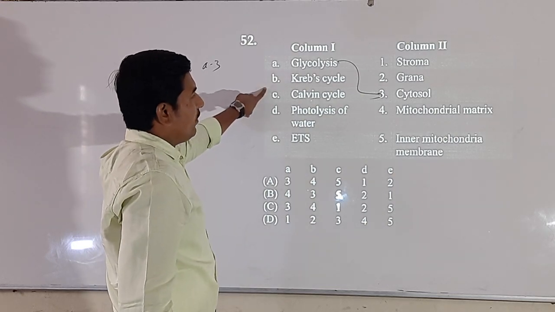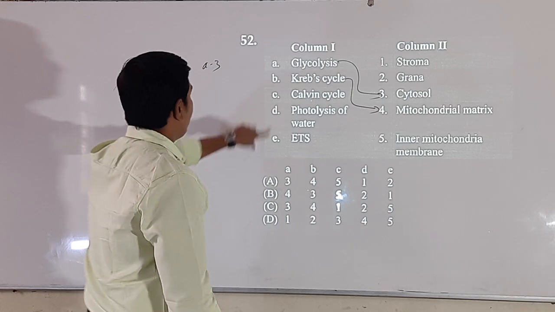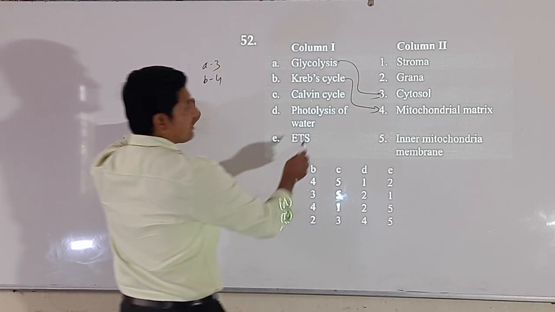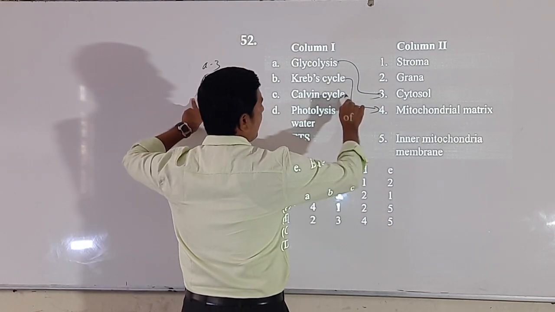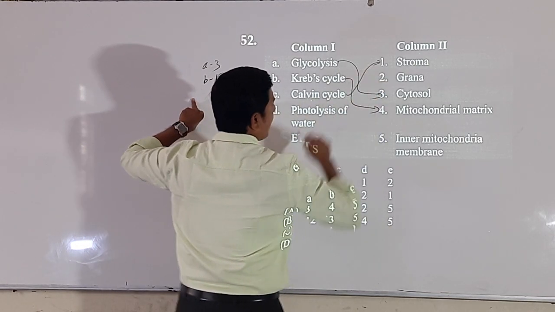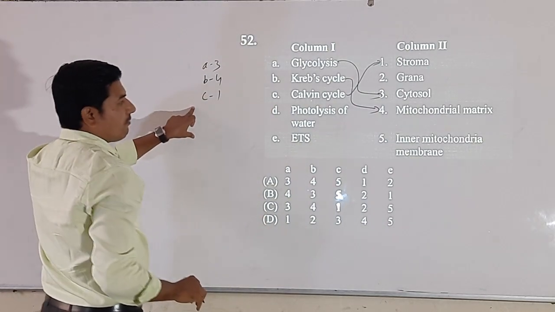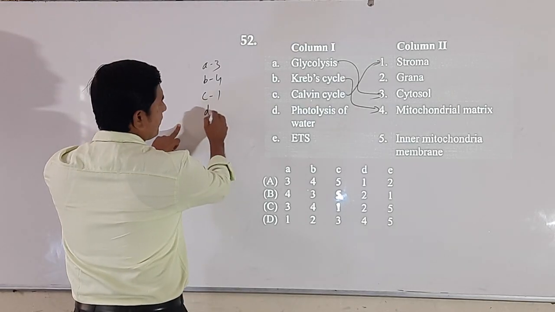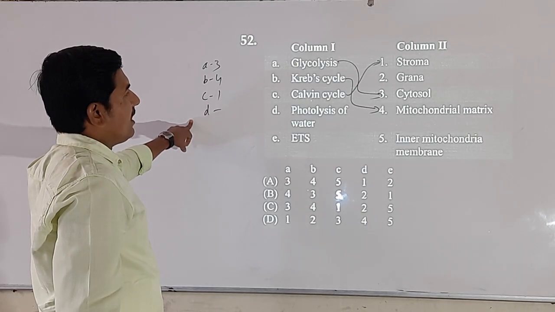Krebs cycle, where does it occur? It occurs in the mitochondrial matrix. So B4. Calvin cycle occurs in the stroma. So it is C1. Photolysis of water, where does it occur? In the grana.